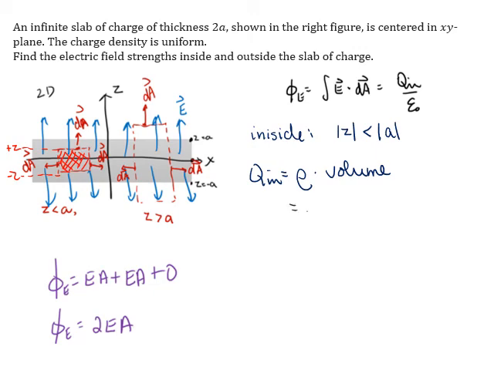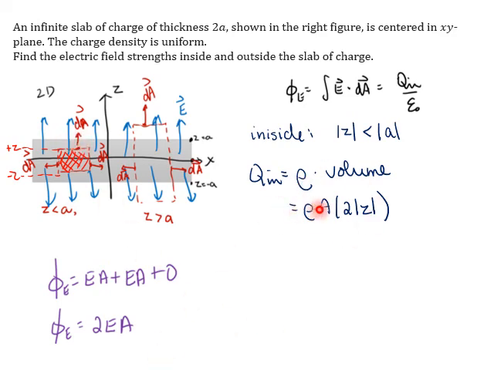So if we want to write that down, that's going to be rho. The volume is the length times the width times the height. The length times the width is the area of the face, and the height is 2 times the Z coordinate. So we've got Z from the middle to the top, Z from the middle to the bottom, so 2Z overall. And then the area of that face is A.